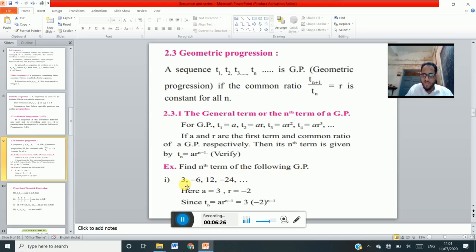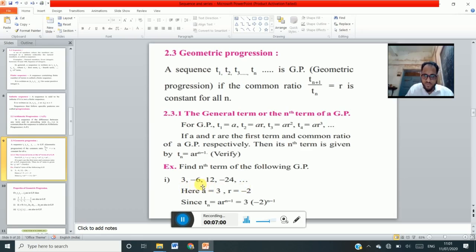See here, why do we call this a GP? 3, minus 6, 12, minus 24: this is the sequence, and this sequence is known as GP. Why? Because if we find the ratio T(n+1) upon Tn, we get a constant R. The second term by the first term: minus 6 by 3 is minus 2.